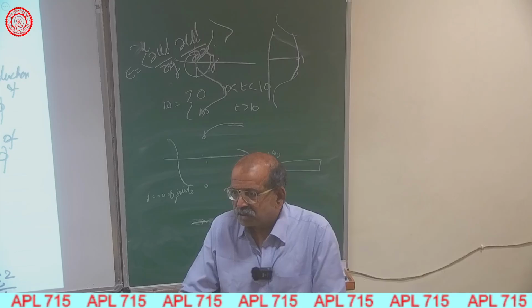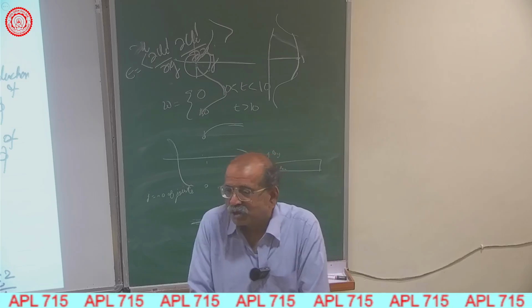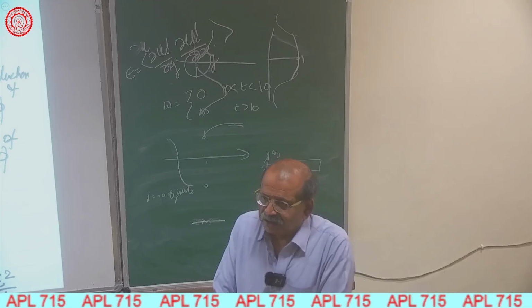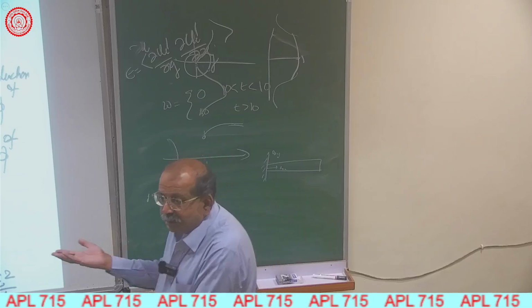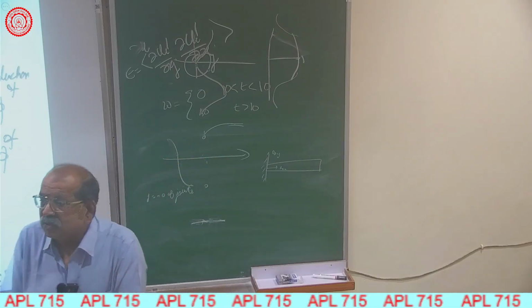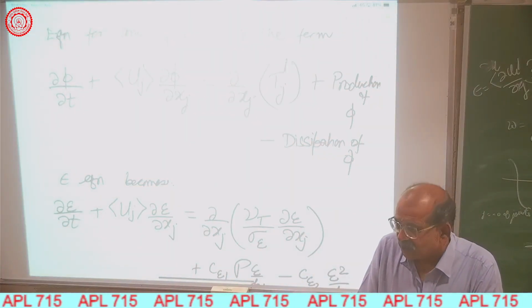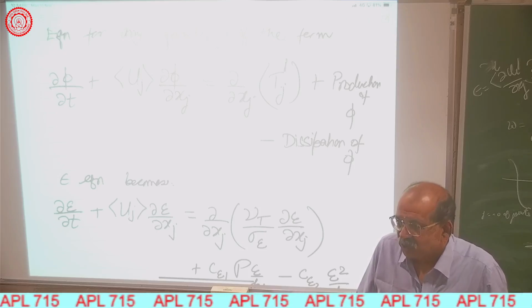Actually it doesn't go to 0. There also it is of order 1, only when the other quantities are much higher. So probably epsilon will not go to 0, but it may happen numerically that it goes to 0 when you solve the equation. Otherwise, physically, epsilon will be of some order still. It will never be 0.